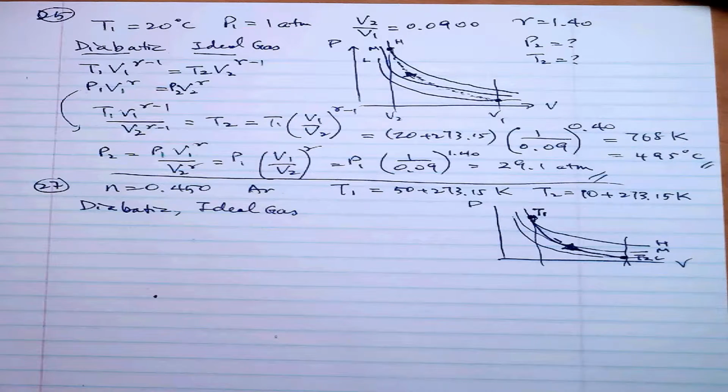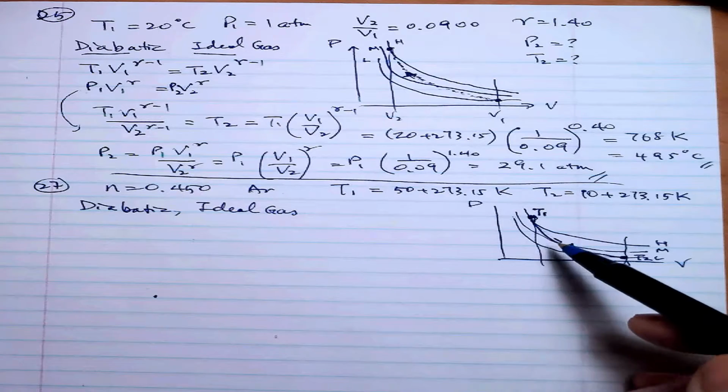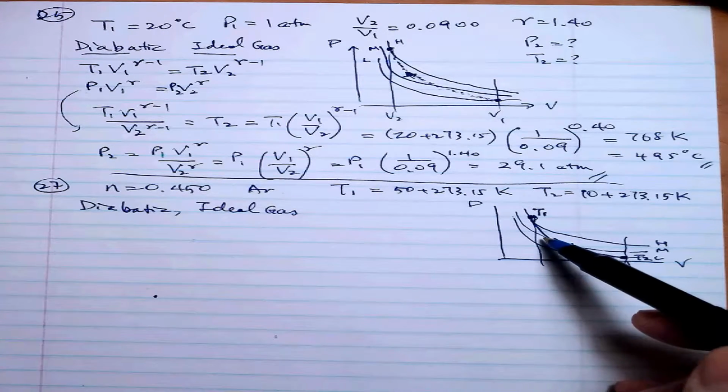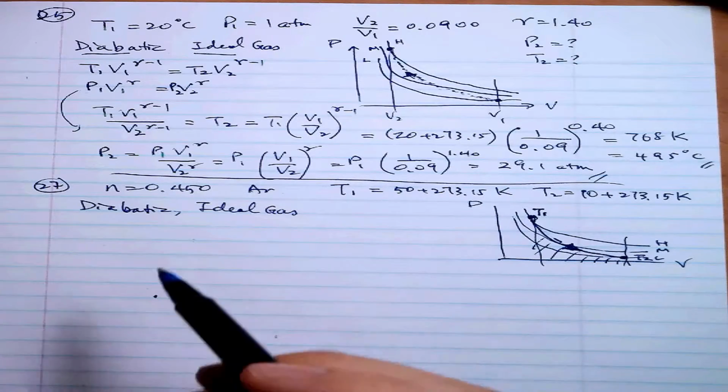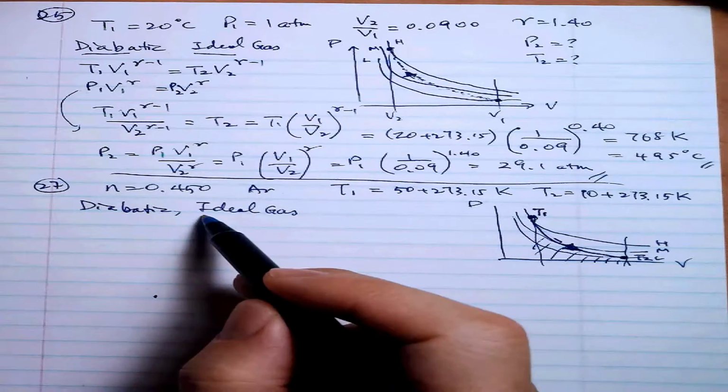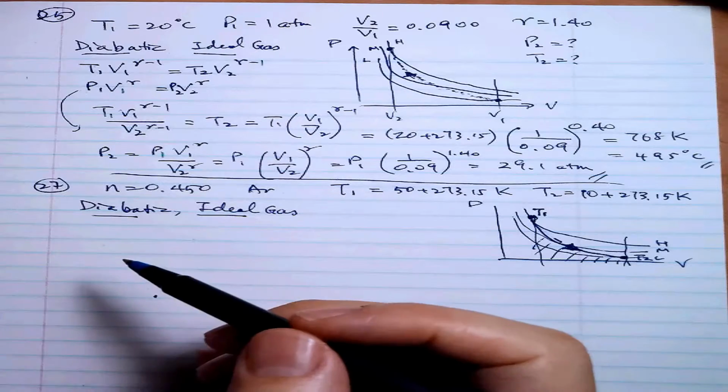That is adiabatic expansion. So part B is, how much work does the gas do? Well, the gas will do work if it is positive, and that will be the area underneath the curve here. So that is the area, the work done. However, this is an ideal gas, adiabatic.